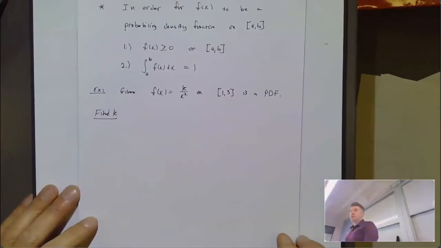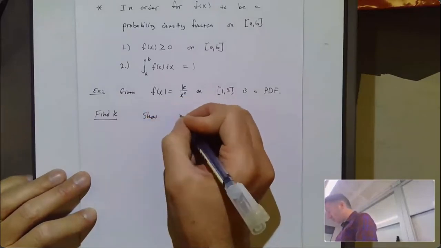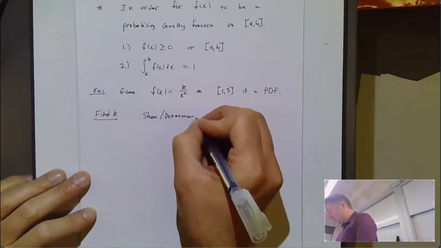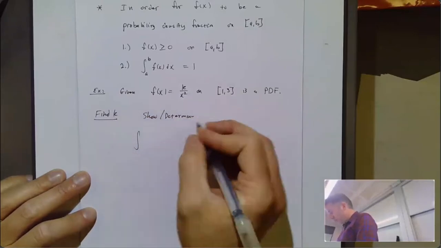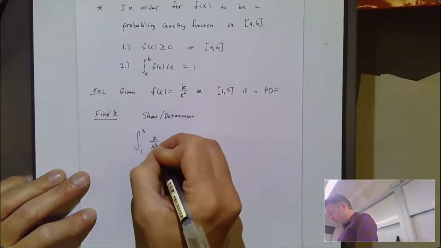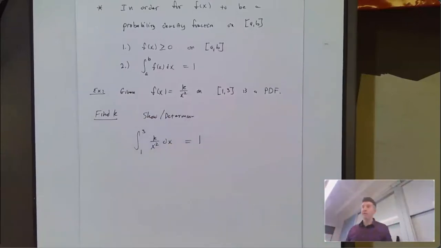Okay, so we need to determine that the integral from 1 to 3 of k over x squared had better equal 1, right? We said it's a PDF. So now we have to figure out what the k value is going to be to make that true.